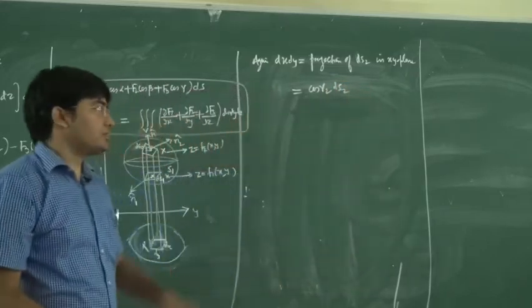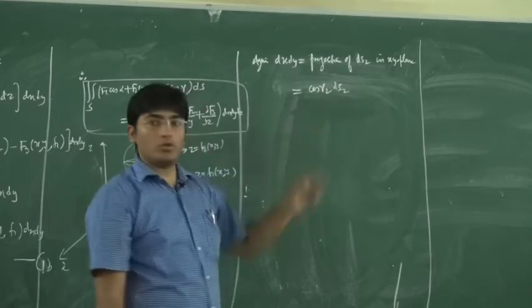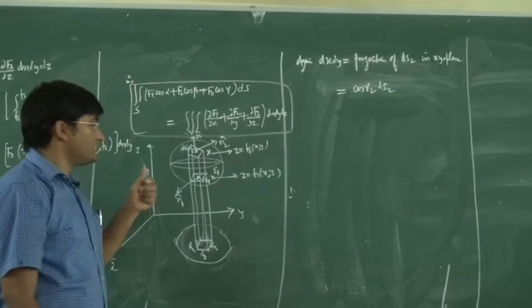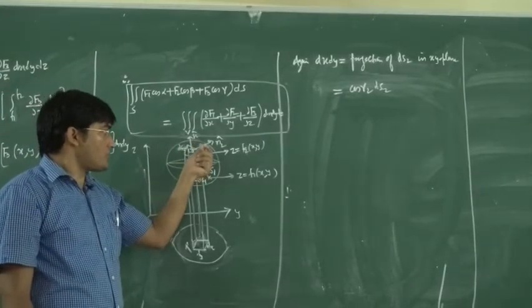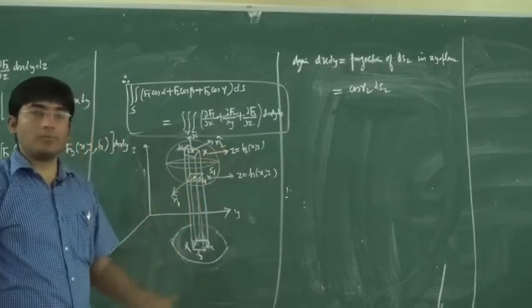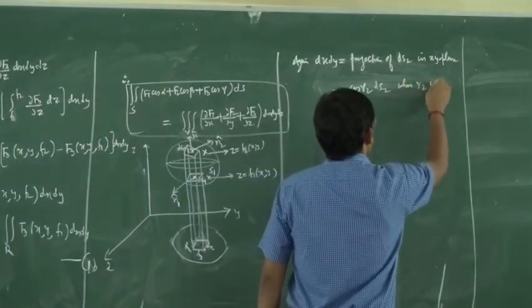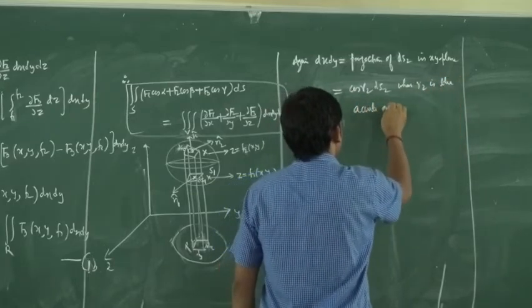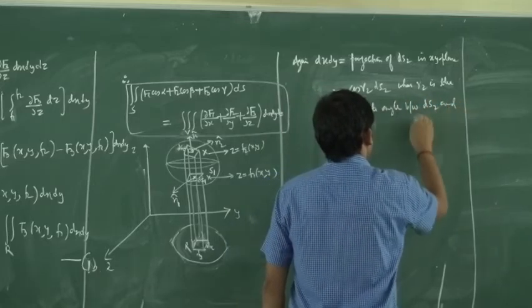I have already discussed earlier that this projection is equal to cos gamma into ds, where gamma 2 is the acute angle between your outward normal n2 and the xy plane.